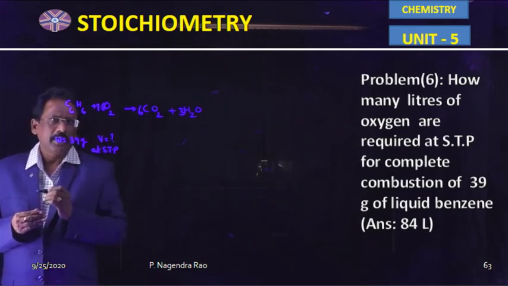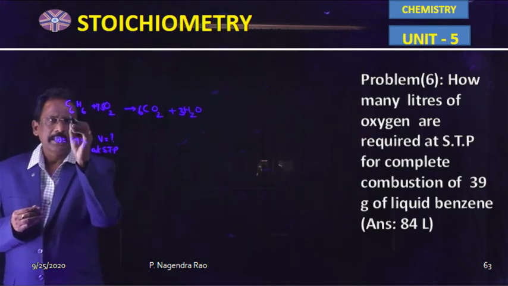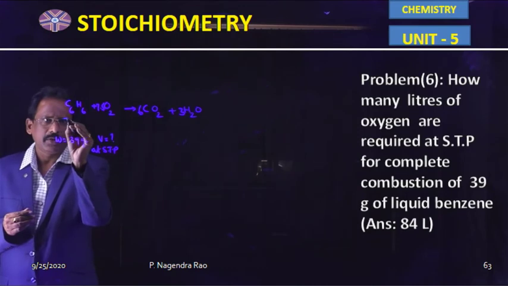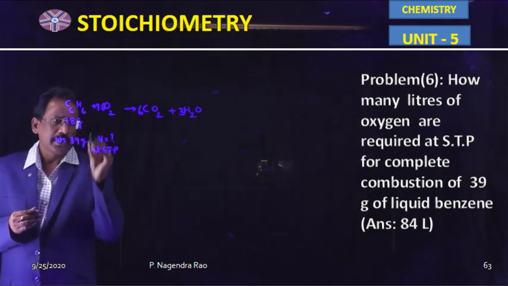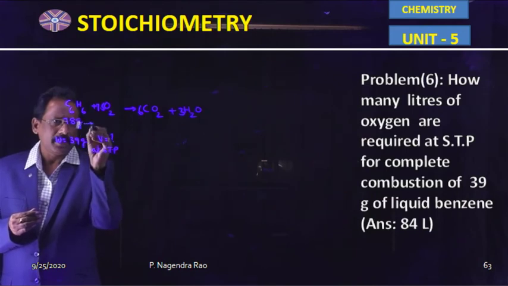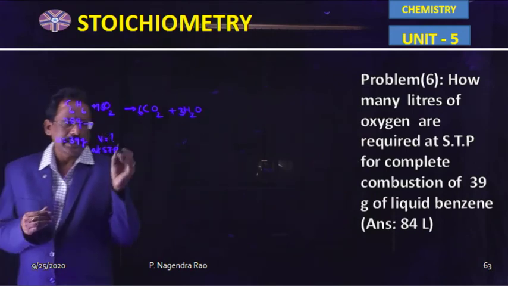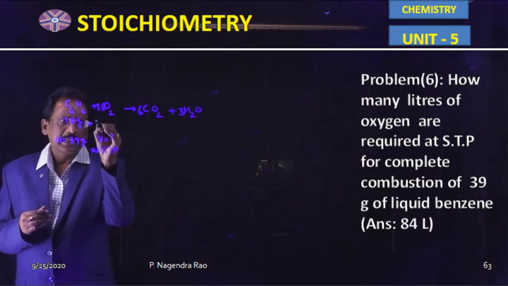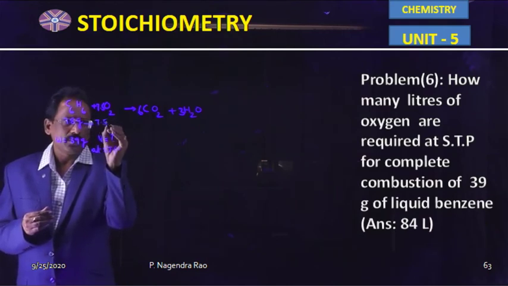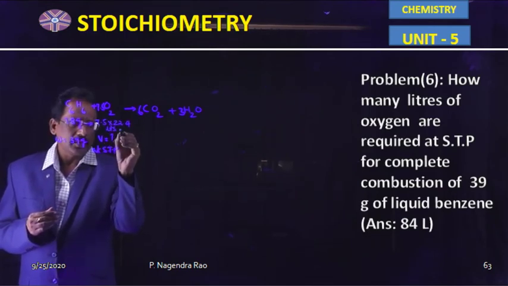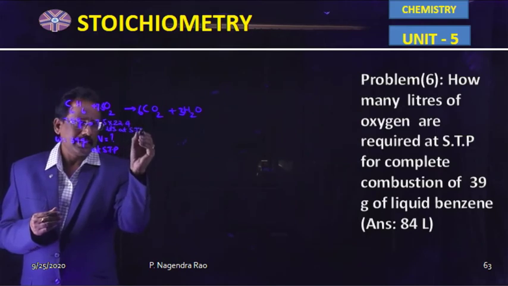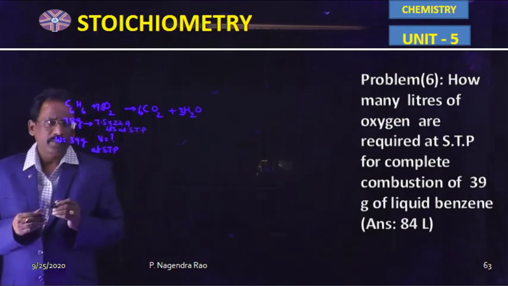The molecular weight of benzene is 6 into 12, 72 plus 6, that is equal to 78 grams. So 78 grams of benzene requires 7.5 into 22.4 liters volume of oxygen gas at STP conditions.